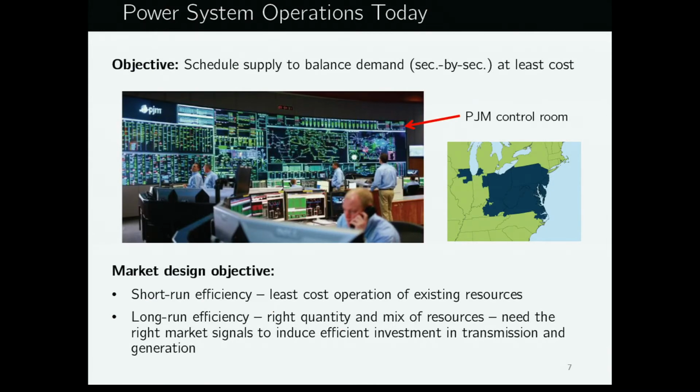Okay, so again, I said the system is very complex. I'm going to present a very simple description. So this is the control room in the Northeast. The grid is divided into multiple regions with system operators being responsible for balancing the power system in their local region. So PJM is one such system operator, and they're responsible for balancing this blue area here, which spans Pennsylvania, New Jersey, Maryland.